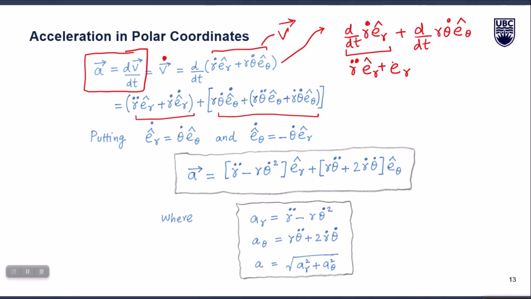I put a dot on top, multiplied by the first quantity as it is, so that will be r dot. So the first derivative is resolved into two terms: r double dot times e sub r plus r dot times the first derivative of e sub r, denoted as e sub r dot.